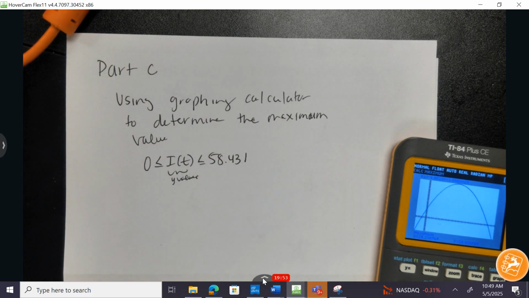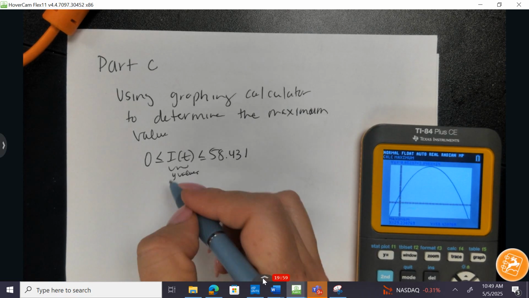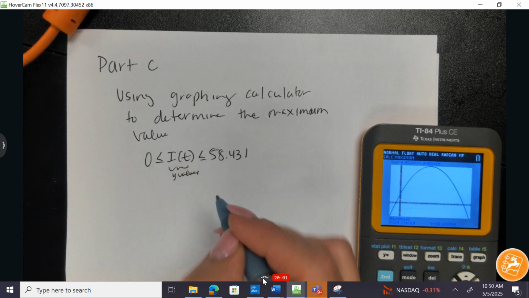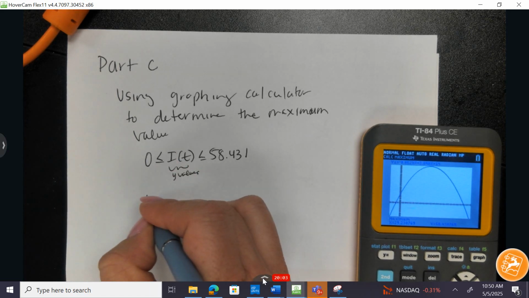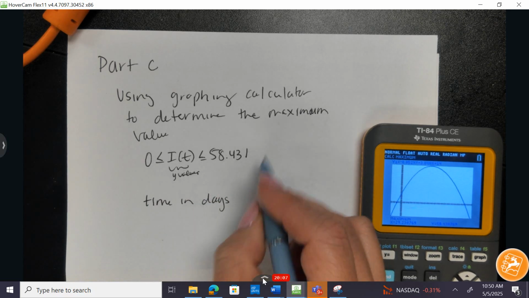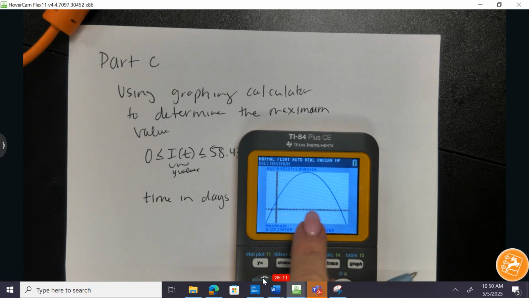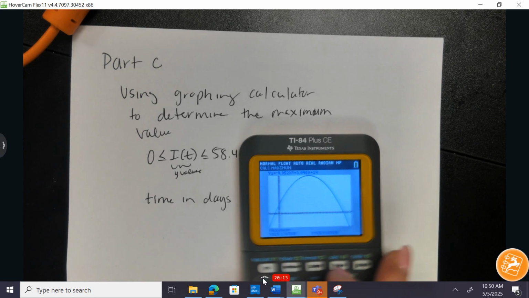So when we think about this, within the context of the problem, t really represents days. So our time in days would run from, this is days and this is ice cream. Oh, I got it mixed up again. This is ice cream.